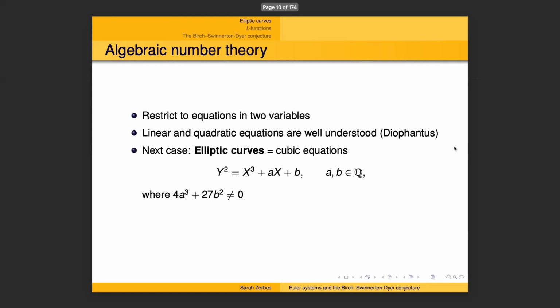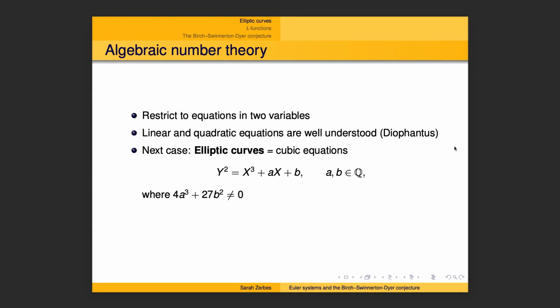The next case is where we allow cubic exponents, and equations of this form are called elliptic curves. So we are looking at equations of the form y squared is equal to x cubed plus ax plus b, where a and b are rational numbers which satisfy the constraint that 4a cubed plus 27b squared is not equal to 0.